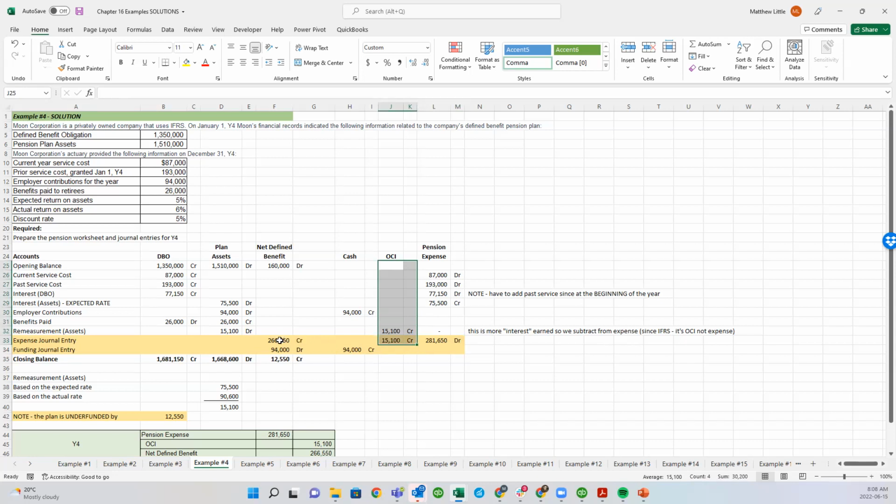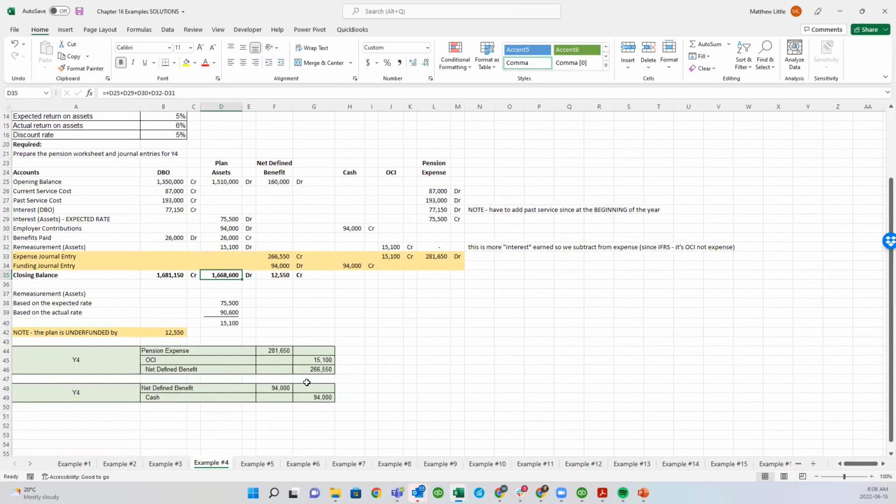And that would all be a net credit to net defined benefit of $266,550. Looking at our employer contribution would be a credit to cash for 94 and a debit to net defined benefit for 94. So in this case, we went from an overfunded position of 160,000 to an underfunded position of 12,550 because our obligation exceeded our plan assets.